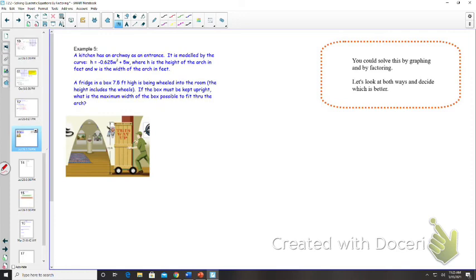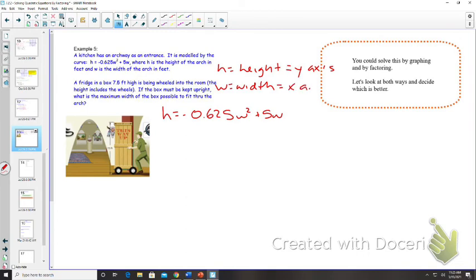Our curve is h equals negative 0.625 w squared plus 5w. So h is height, and that's going to be on our y-axis, and w is the width, which is the x-axis.